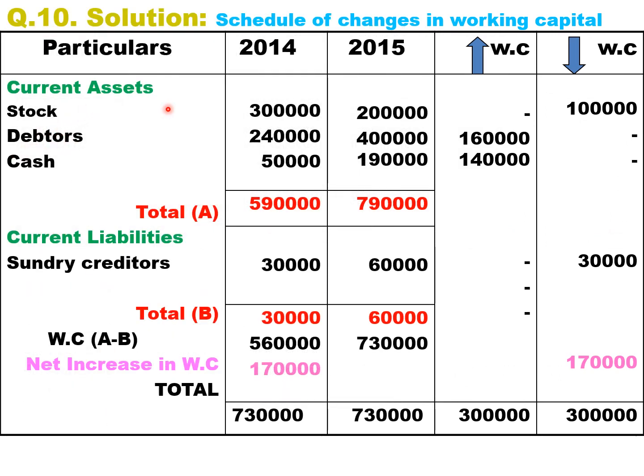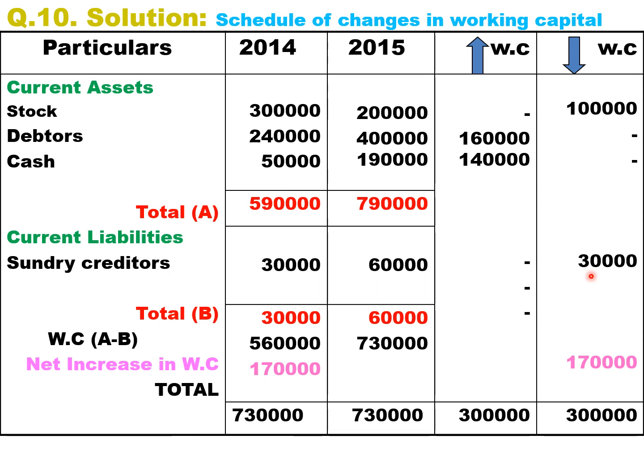So current assets, students, this is a statement of changes in working capital. Stock decrease of 1 lakh will result in decrease in working capital. Debtors increase of 1,60,000 will result in increase in working capital. Cash, there is an increase of 1,40,000, which will result in increase in working capital. Total current assets 5,90,000 and 7,90,000. Then creditors, there is an increase in creditors of 30,000.